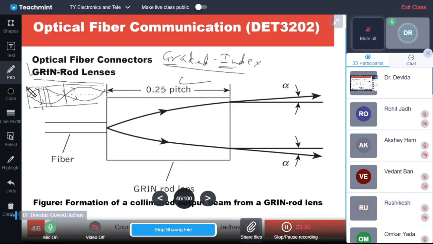Whenever the graded index fiber is cut into this piece, it becomes a GRIN rod lens. Whenever it is cut into this much piece, this also becomes a GRIN rod lens. First lens will be 0.25 pitch, second lens will be 0.5 pitch.